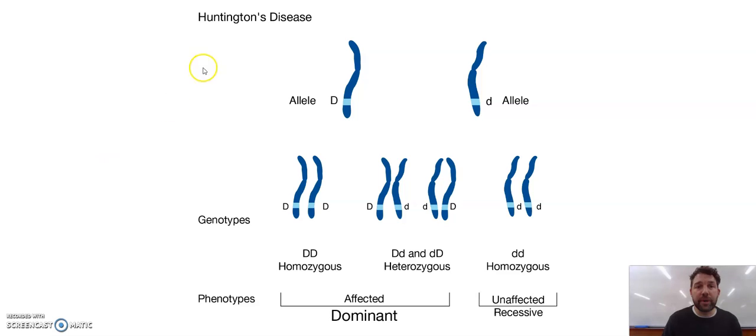In this example, the allele that is affected is the uppercase allele, and that will result in Huntington's disease. So these 3 here that have an uppercase D will result in Huntington's disease. The combination that will not result in Huntington's disease is the lowercase, lowercase.